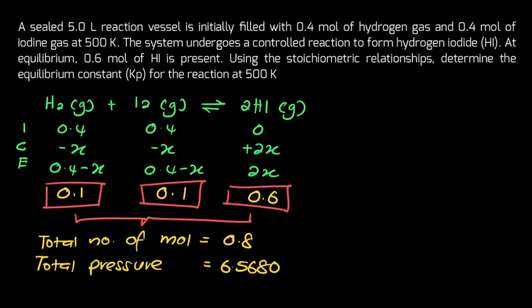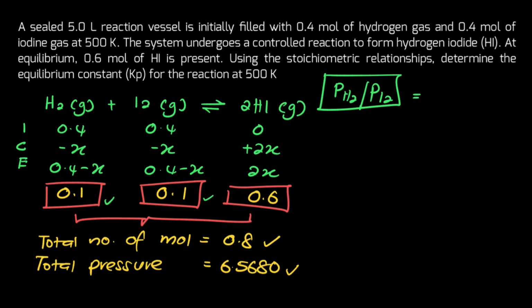From the previous calculation, we know that the total number of mole is 0.8 and the total pressure is 6.5680. Now we need to know the partial pressures. The partial pressure for hydrogen and for iodine gas should be the same because the number of mole for both of them is the same.